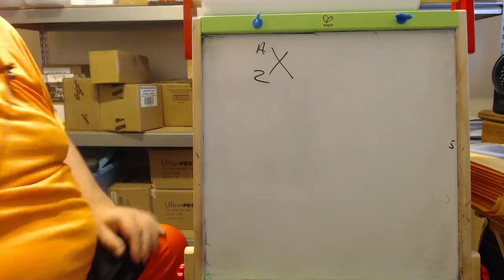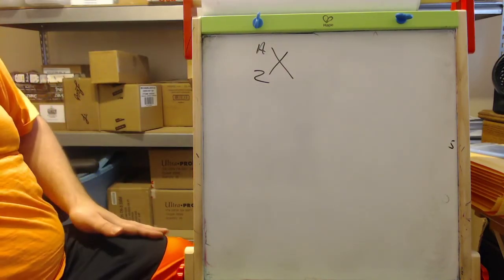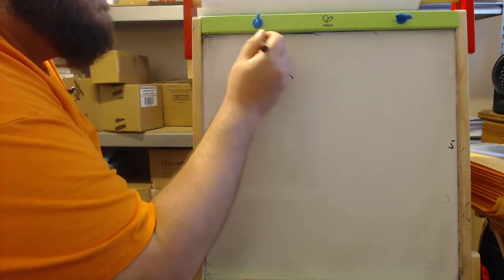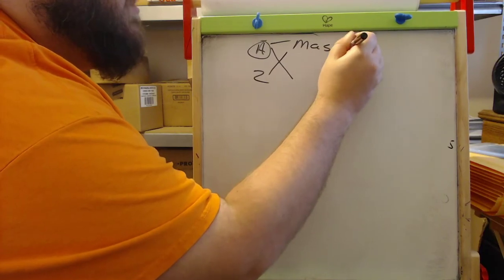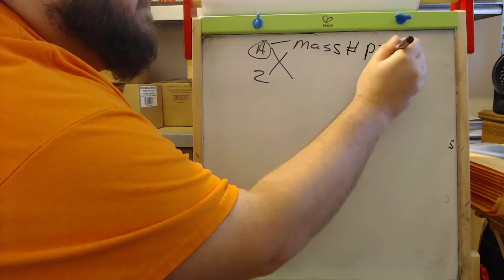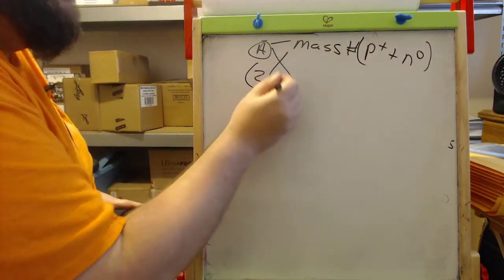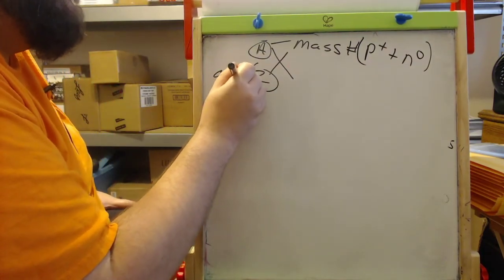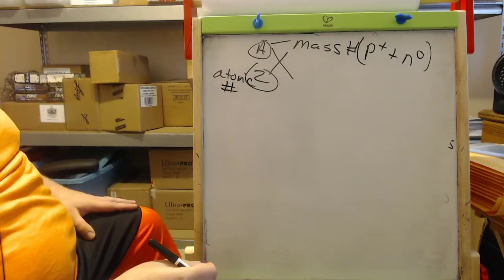Where A tells you the mass number, which is the number of protons plus neutrons, and Z tells you the atomic number. Sometimes they don't give that to you because they expect you can look it up on the periodic table.